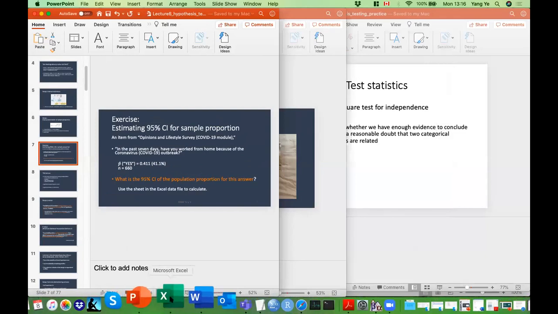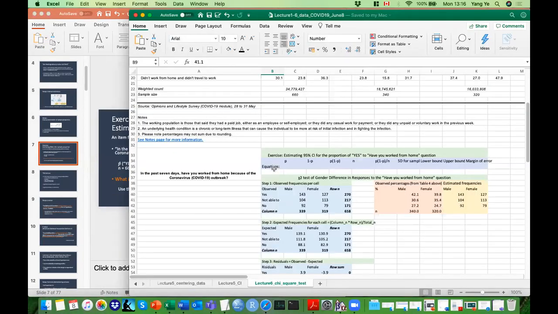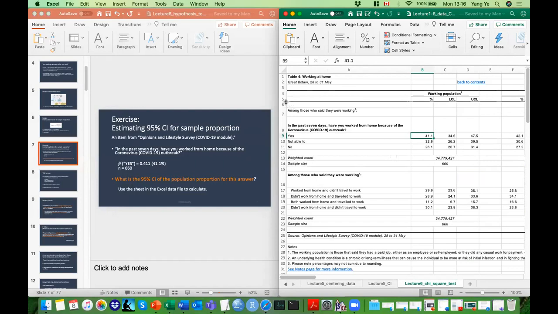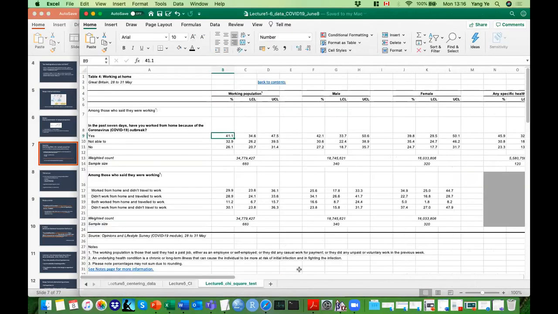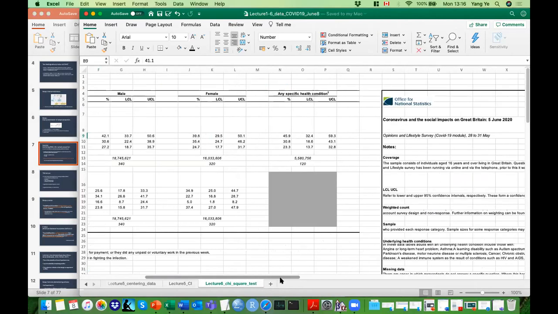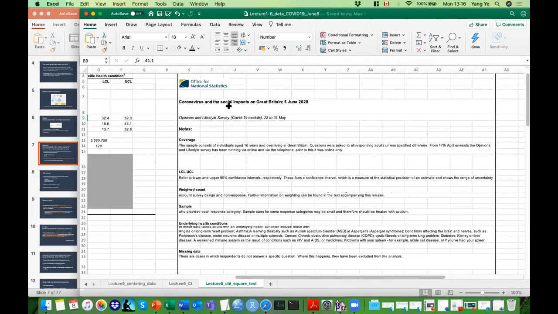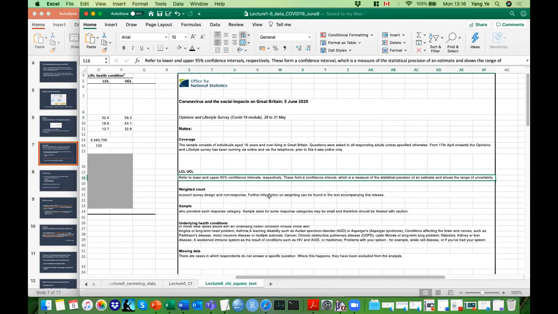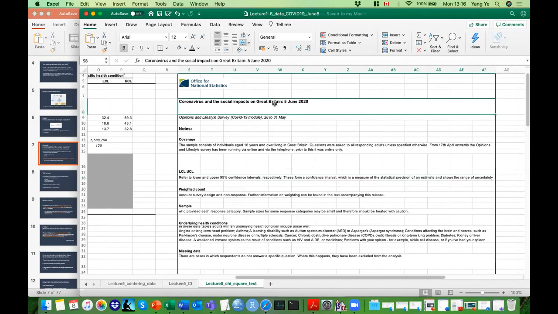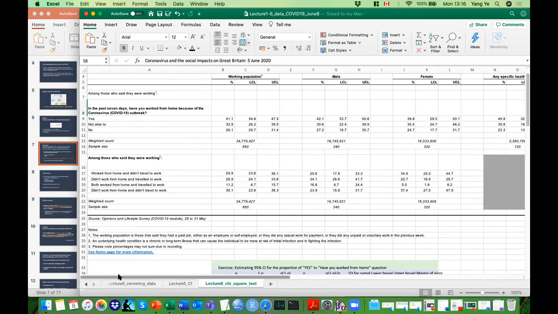So this is the table, right? Here is some information about exactly what this survey does: the coverage, the meaning of some of the terms, and all that. This looked at how people's lifestyle changed during the COVID-19 pandemic lockdown.